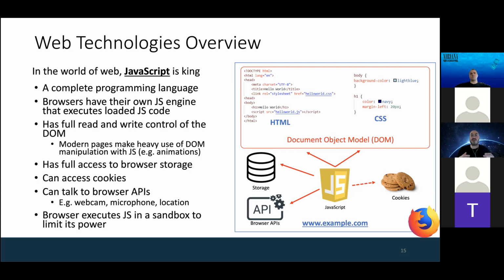JavaScript is the de facto language to learn if you're going to do anything on the web, and it does a lot. JavaScript also lives in the DOM, and it has most of the access and manipulation of the DOM.